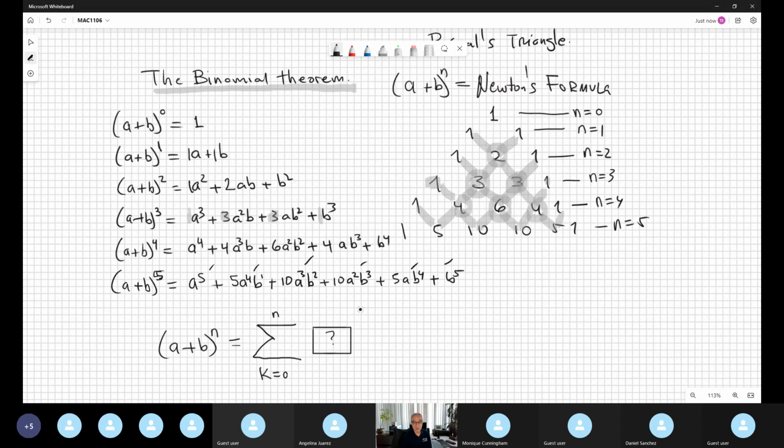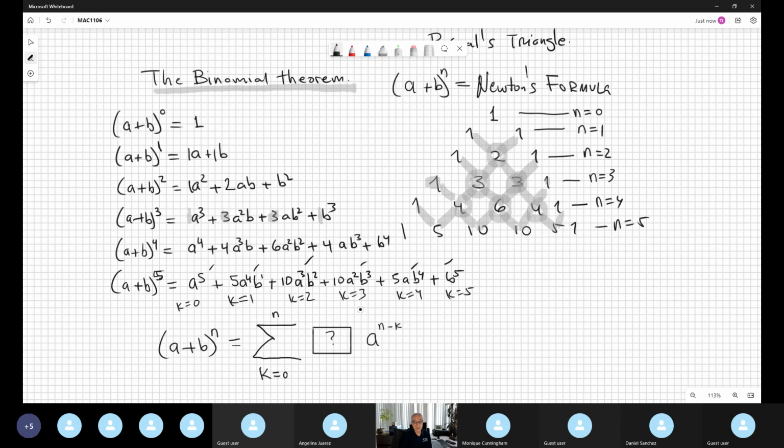Okay. And we have A, which is the first one, raised to the n minus k, and B raised to k. Here n is, for example, 5, and k is k0, k1, k2, k3, k4, and k5.